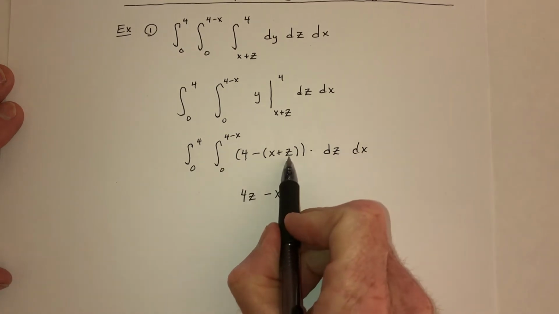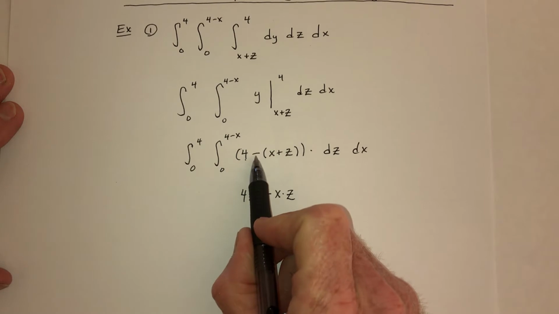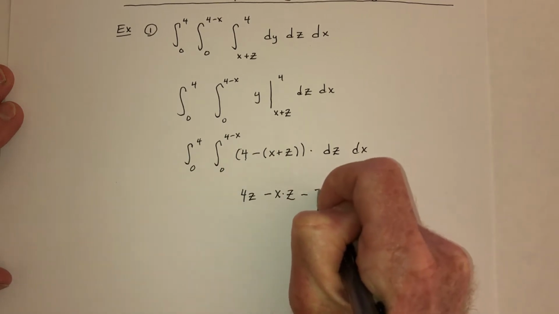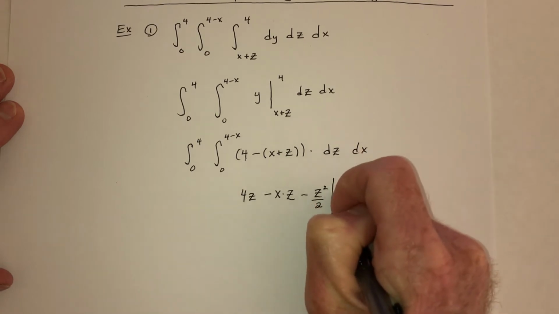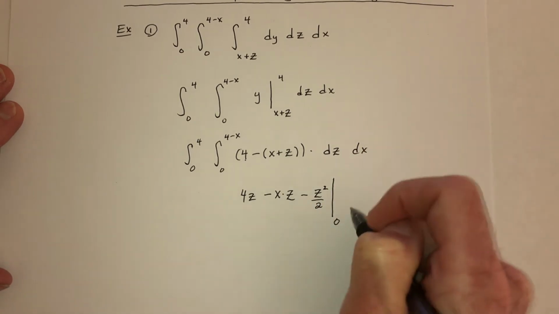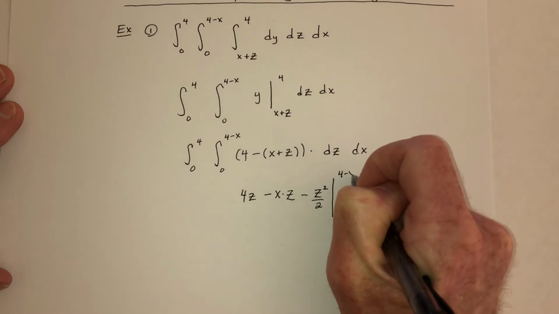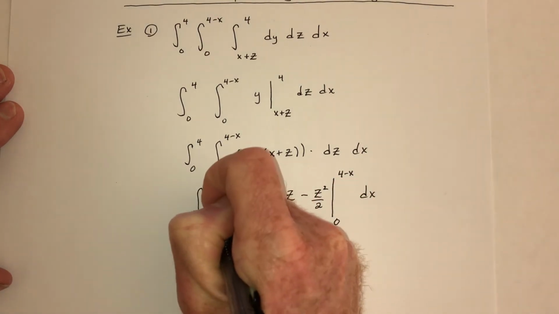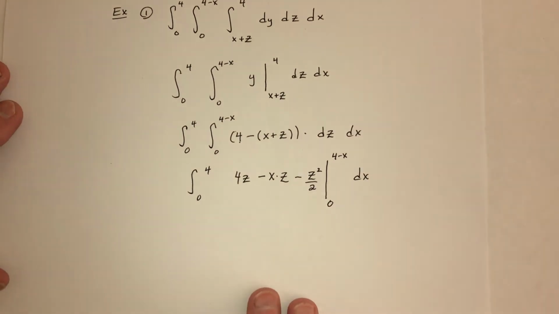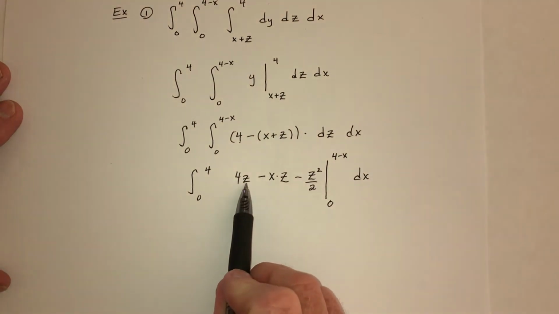And then this will be z squared over 2, but don't forget to distribute the negative. And then this gets evaluated with z going from 0 to 4 minus x. Substitute for all of these z's, substitute a 4 minus x.